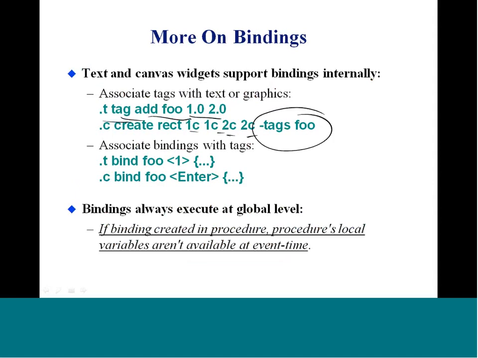And then the second thing is they associate bindings with the tags. Another thing to notice is that the bindings always execute at the global level. If the binding is created in a procedure, the procedure's local variables aren't available at event time.